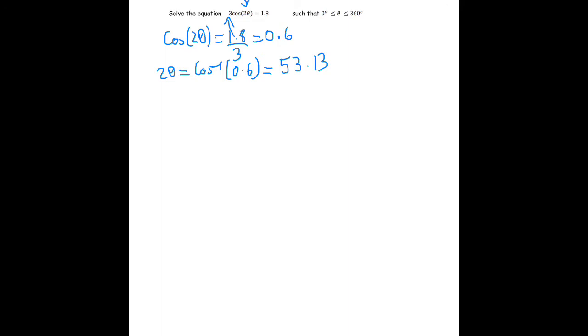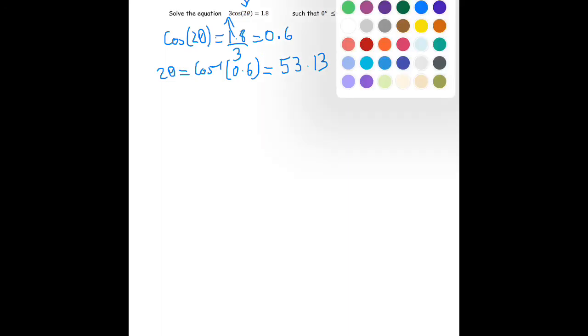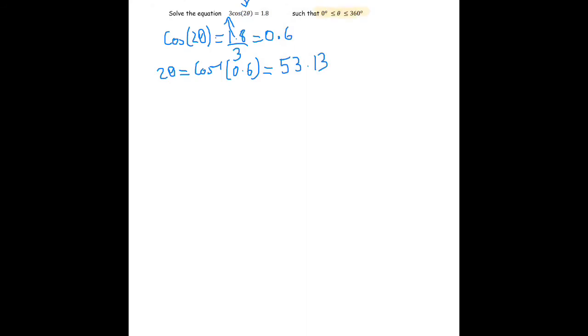Now originally I am looking for values of theta between 0 and 360. So because now my angle is 2 theta, I will in the end need to divide by 2, but I first need to find the alternative angles.